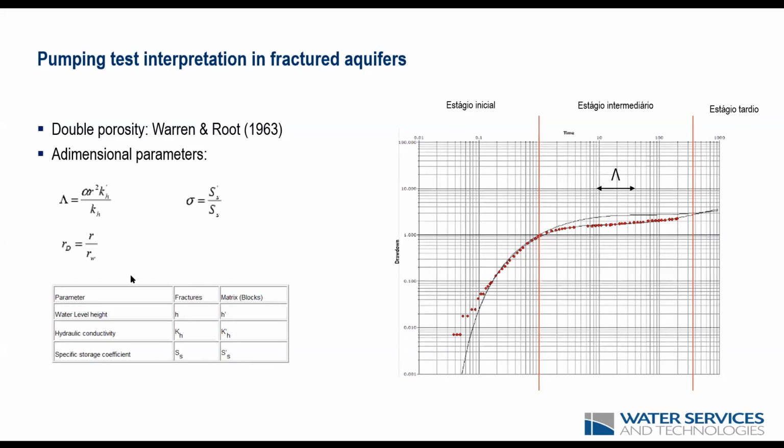And all these equations are basically on the premise that the matrix has distinct properties, as expected, of conductivity and storativity from the fractures. And then lambda and sigma essentially combine the two media by comparing storage between the two media, as well as the hydraulic conductivity.